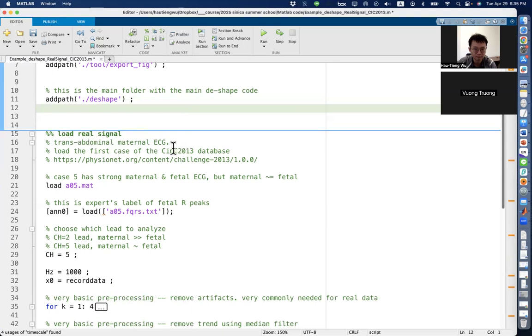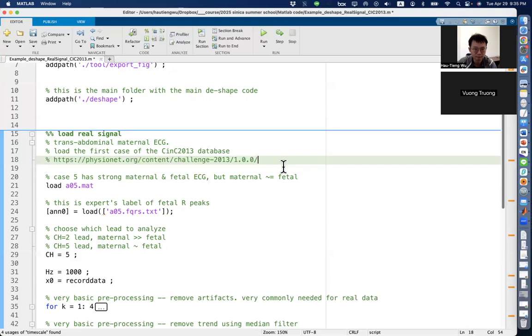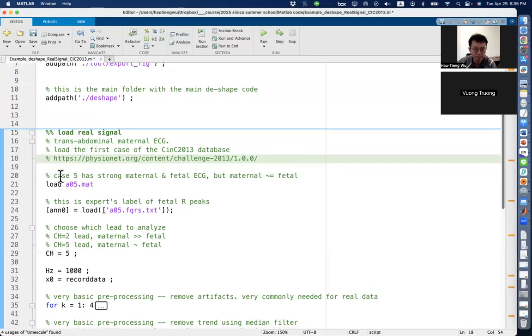The data is from the CINC 2013 database, which is publicly and freely available online. We will use case 5 to demonstrate the overall algorithm and what you will get.